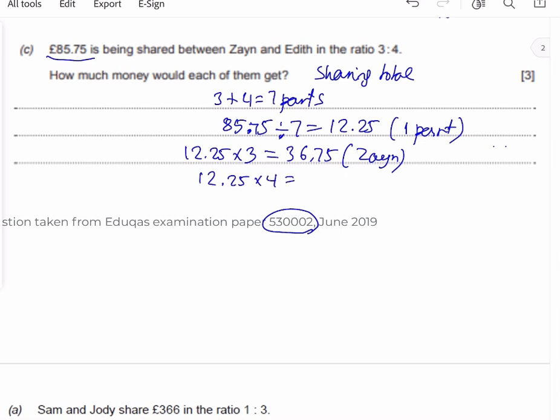And we can double check this by adding the answers together. They should add up to £85.75. So always do that at the end to double check that you've got the parts right.